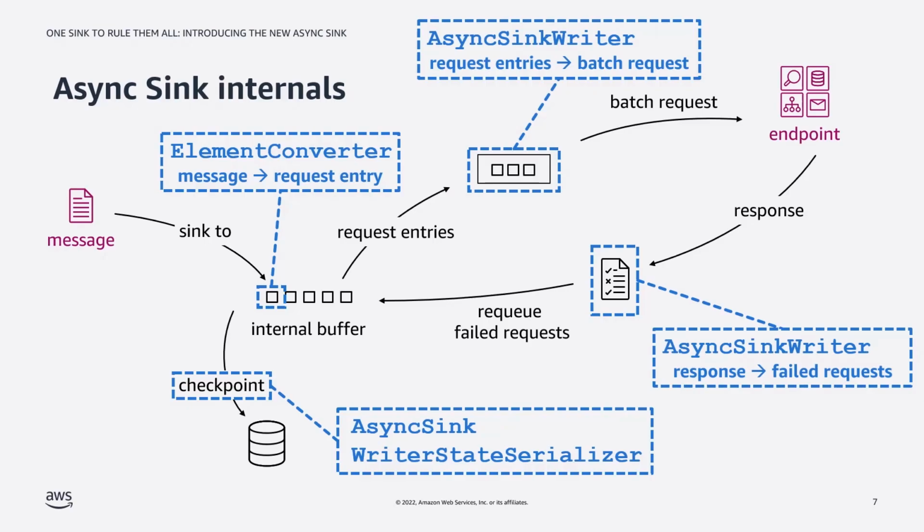And last but not least, the state serializer specifies how to serialize the internal state, the internal buffer of the Async Sink. And that's all. So these are the three components you need to implement, and the rest is then done by the Async Sink. So all the buffering, retries, rate limiting, and checkpointing, this is done by the Async Sink for you.